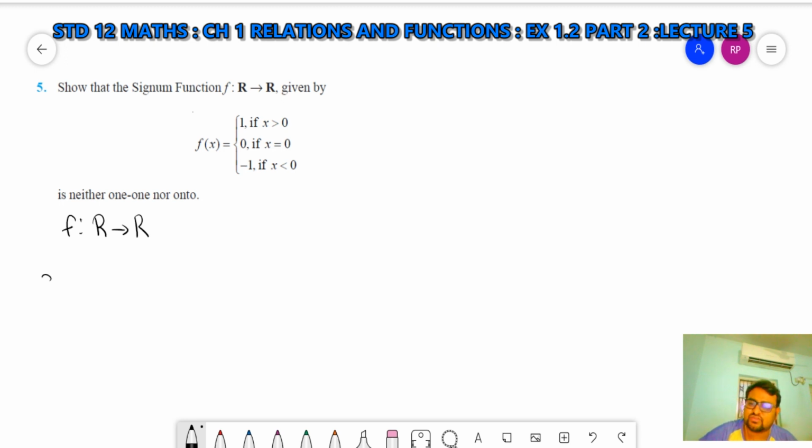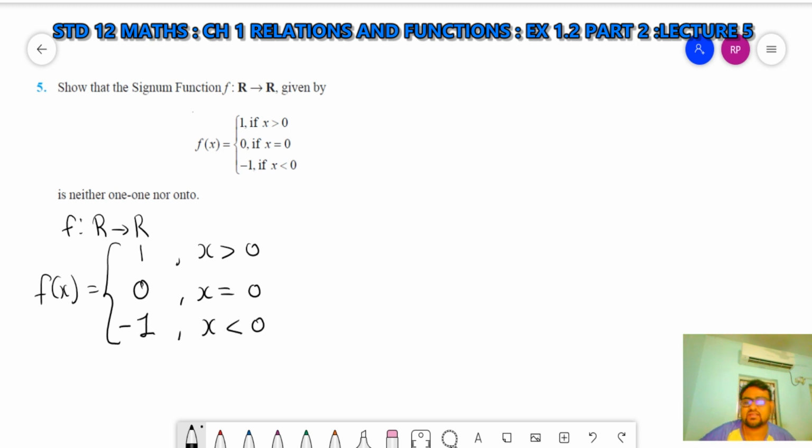This is the signum function, so it has only three values: 1 if x is greater than 0, 0 if x is equal to 0, and minus 1 if x is less than 0.